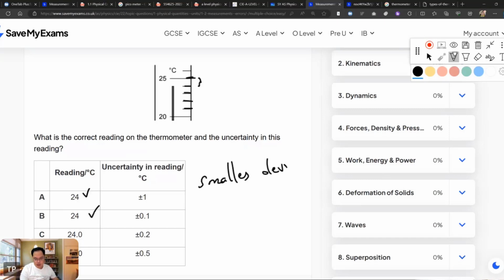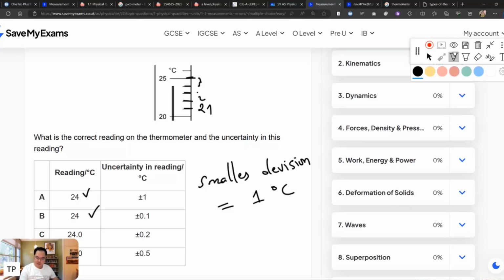The 24 is absolutely correct, but what about the uncertainty? We have 5 bars here, 1, 2, 3, 4, 5, okay? So the smaller division is 0.2, right? 0.2 degrees Celsius, okay?